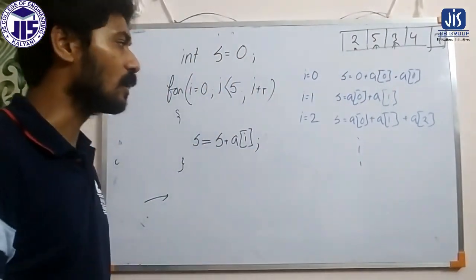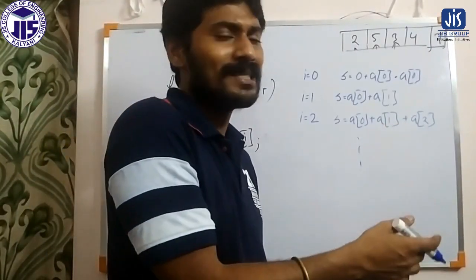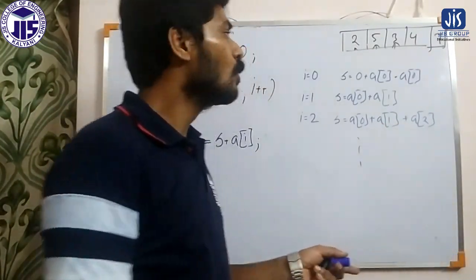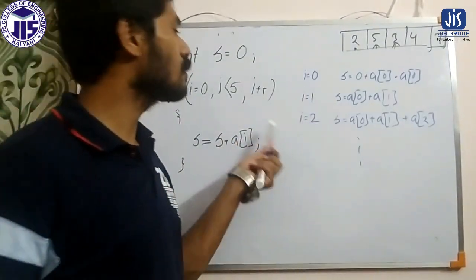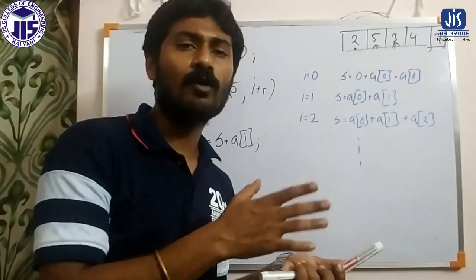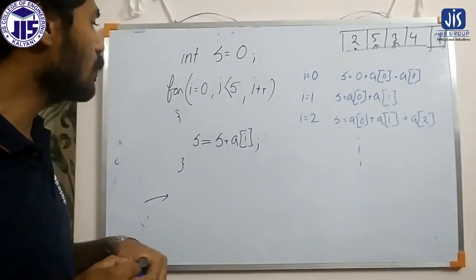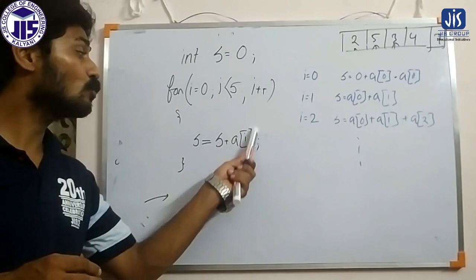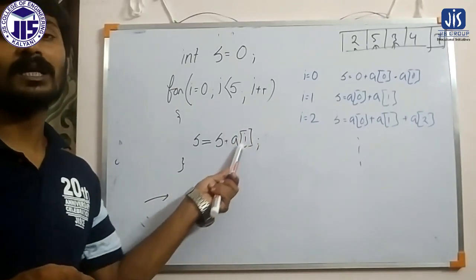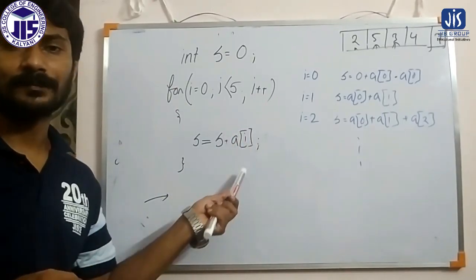In that way it will continue: a0, a1, a2, next time plus a3, next time plus a4. So due to this program we will get the sum of the elements of an array, again performing the sum operation by using the concept of position in the array.